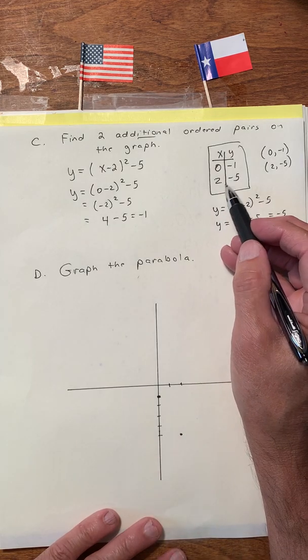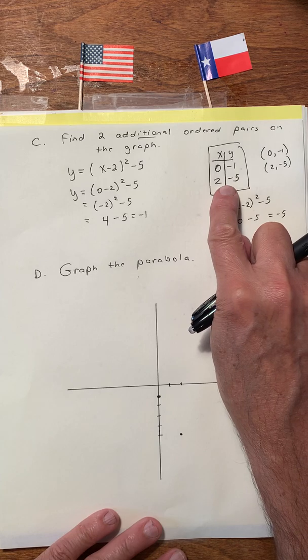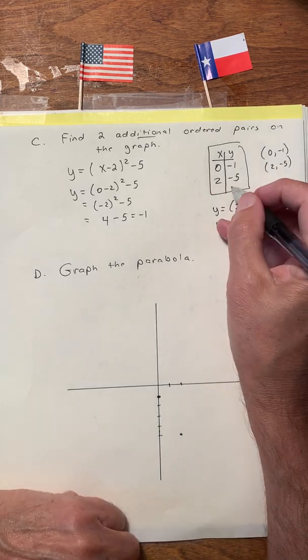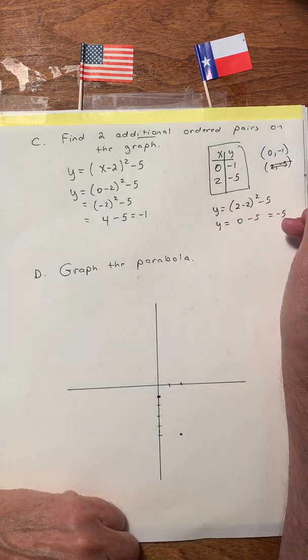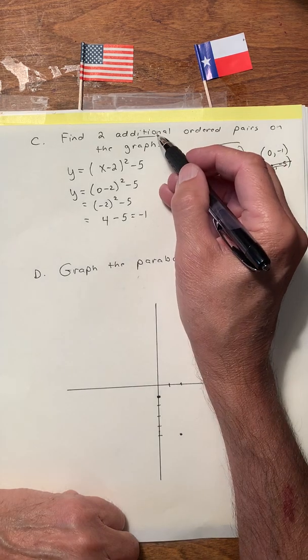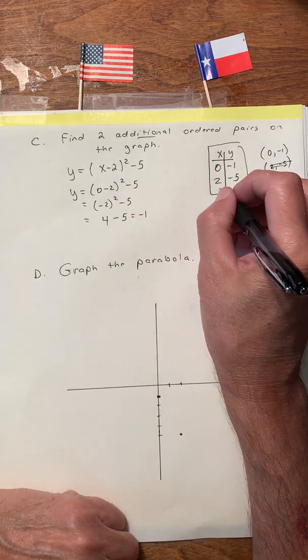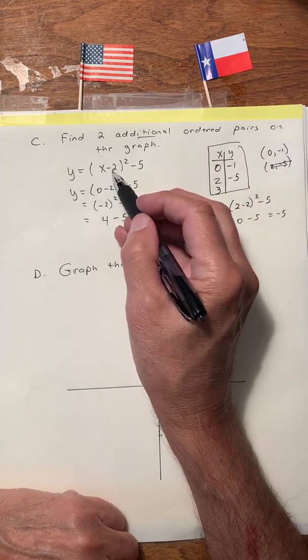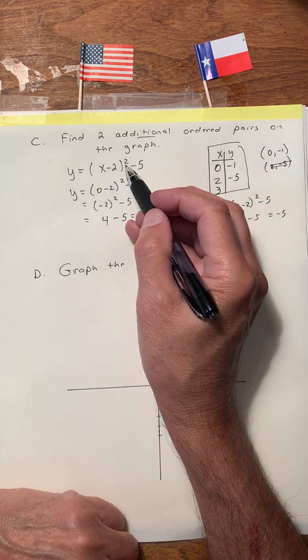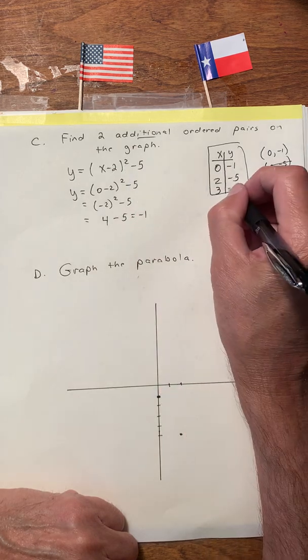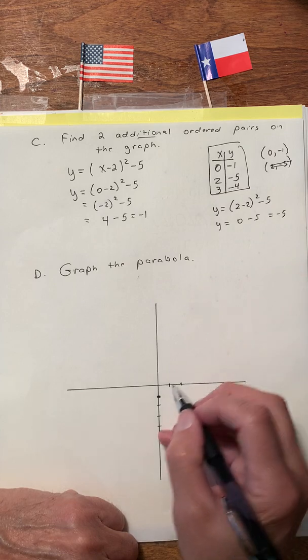Oh, I just found this is not an additional point, is it? Sorry, this would not count because it's already one of the points that I have. That's my vertex. So let's pick 3. 3 minus 2 is 1. 1 squared is 1. 1 minus 5 is negative 4. So (3, negative 4).